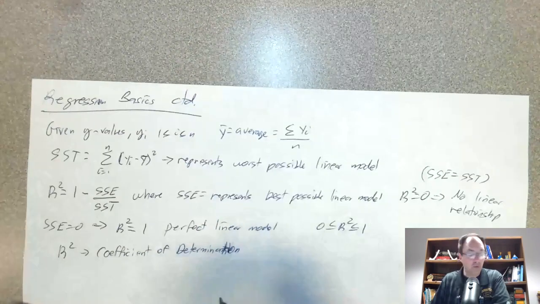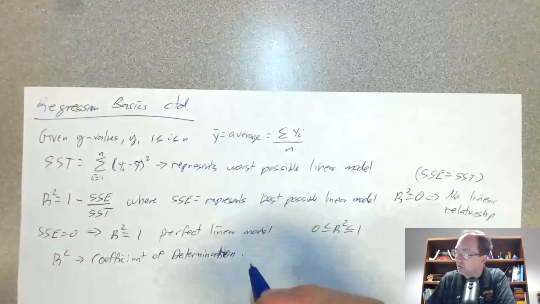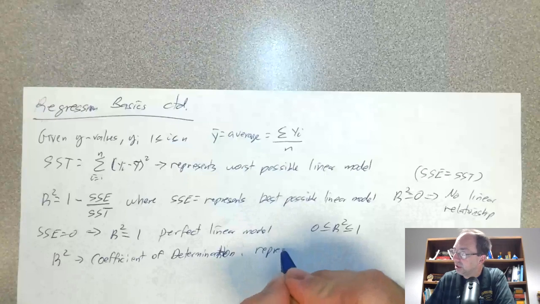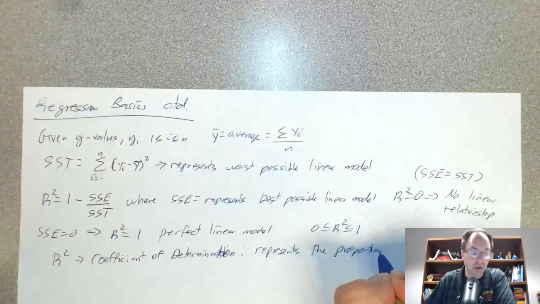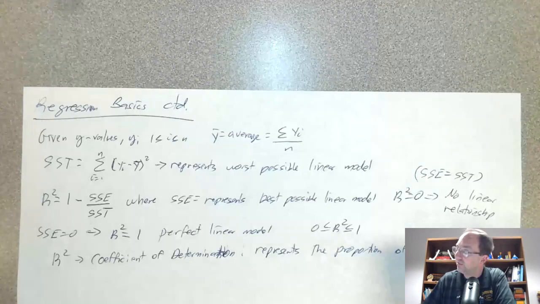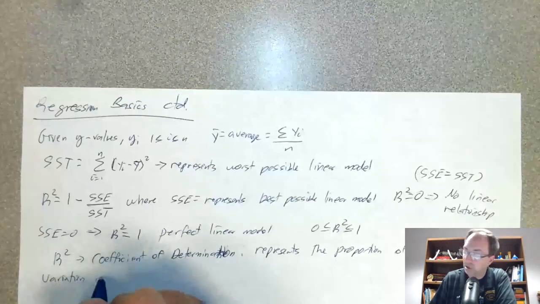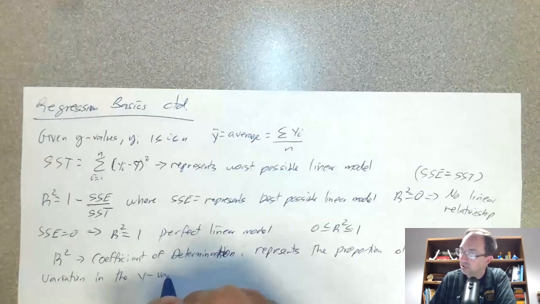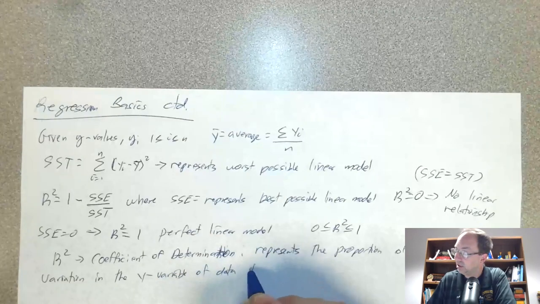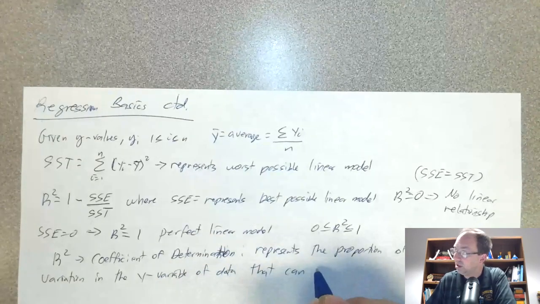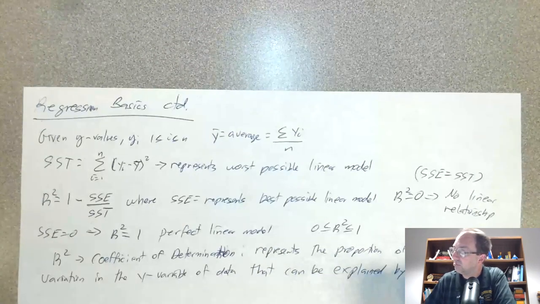One way of thinking about it, since it is a proportion, is that we can say it represents the proportion of the total variation in the y variable of data that can be explained by the linear model.